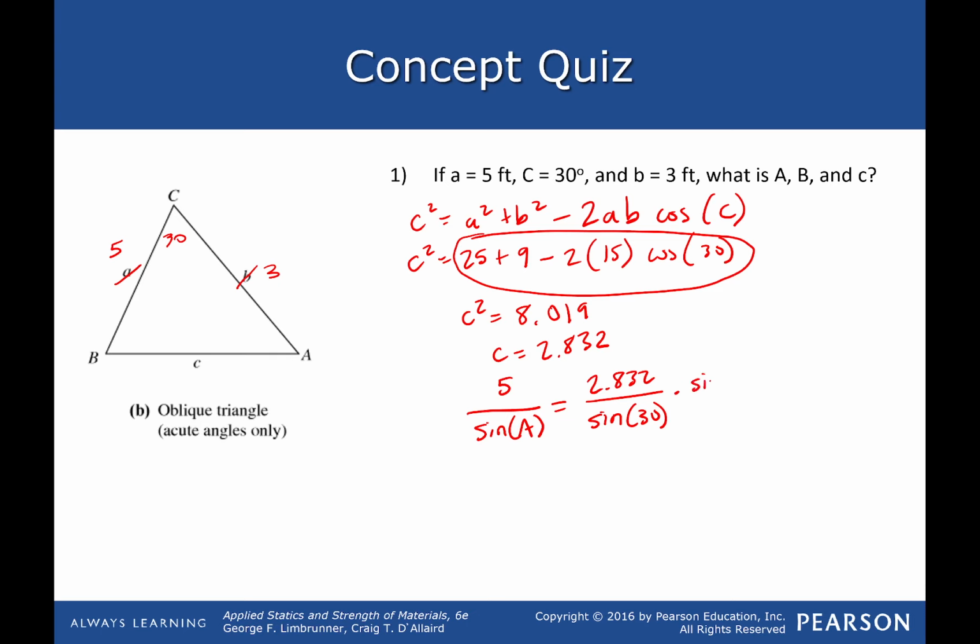So times both sides by sine of A. That cancels. Looks pretty good there. And so I'm going to get 5 is equal to 2.832 over sine of 30 times sine of A. Now I'm going to multiply both sides by sine of 30.